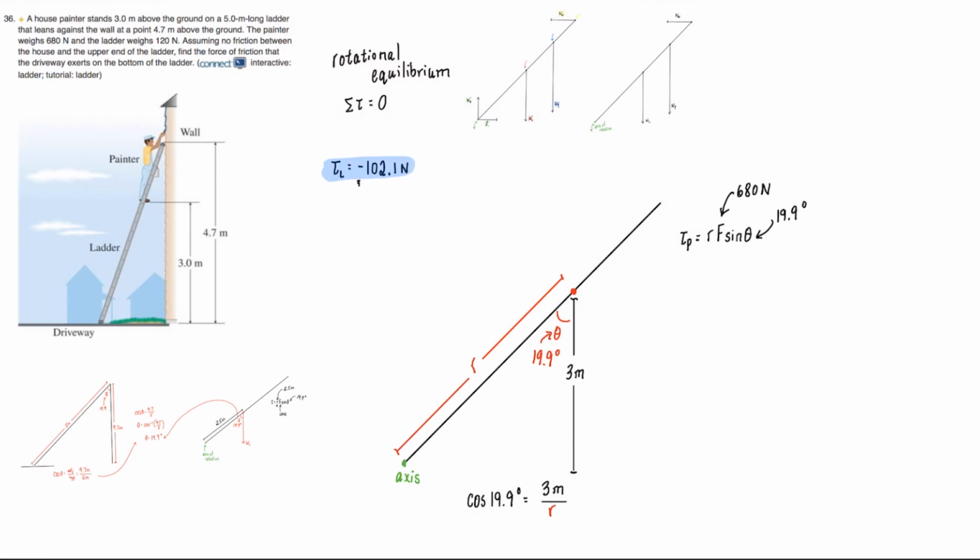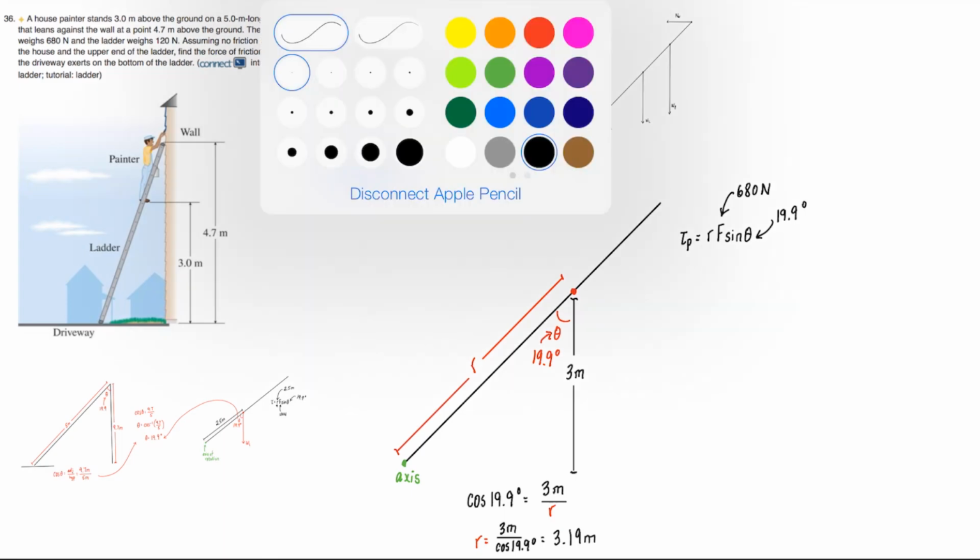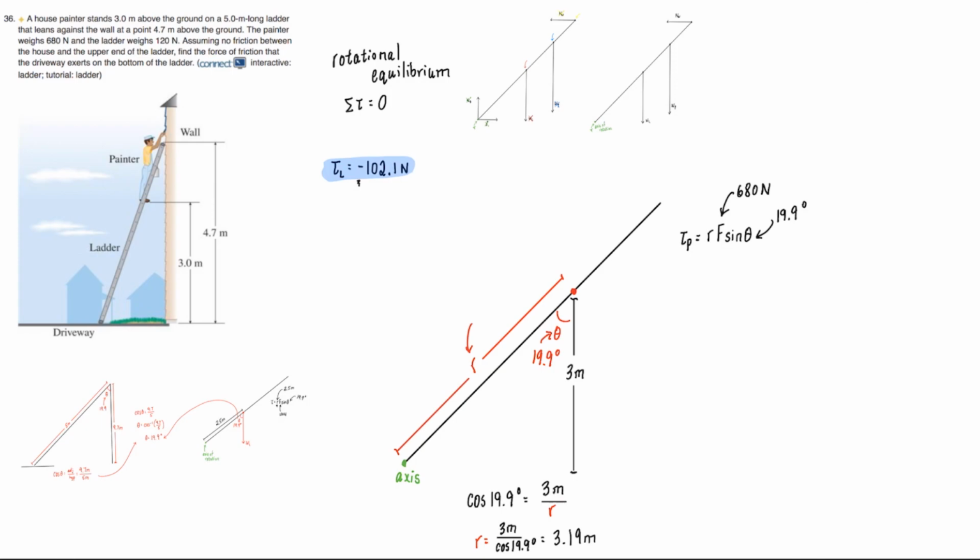And then rearranging this equation a little bit, we get the radius to be equal to 3 meters divided by cosine of 19.9 degrees. That value ends up being 3.19 meters. So our radius, the distance between painter and axis of rotation, is 3.19 meters. And we're going to plug that value into R right here.